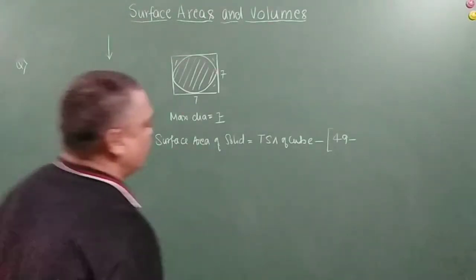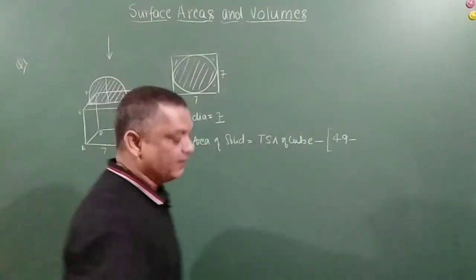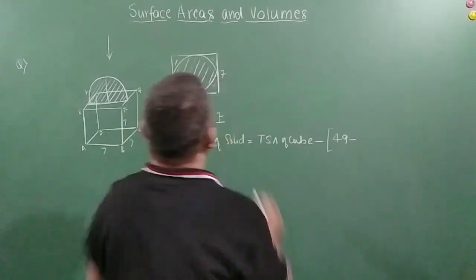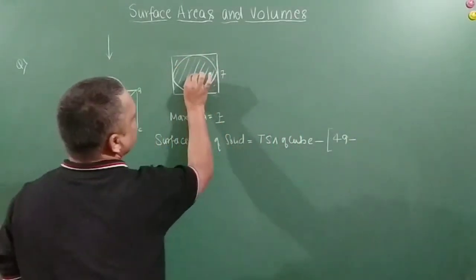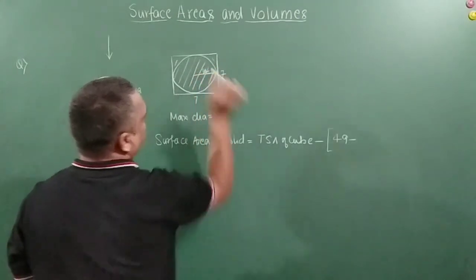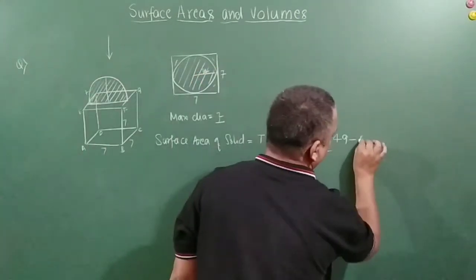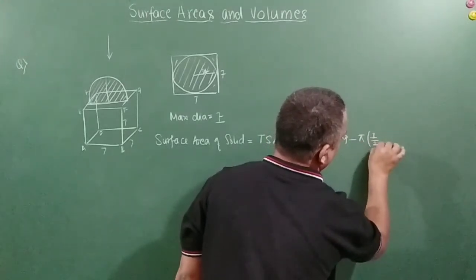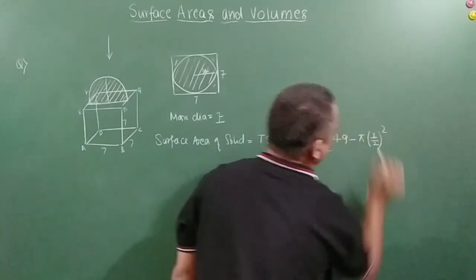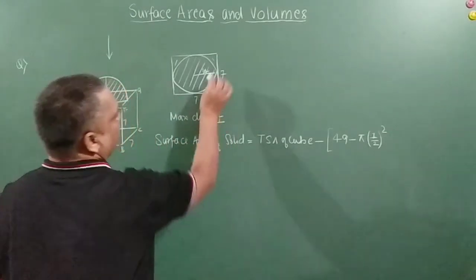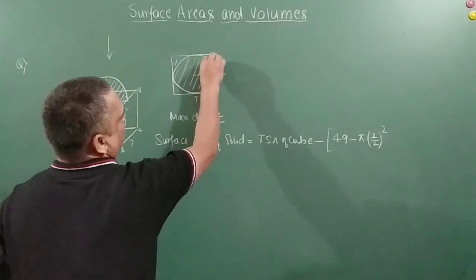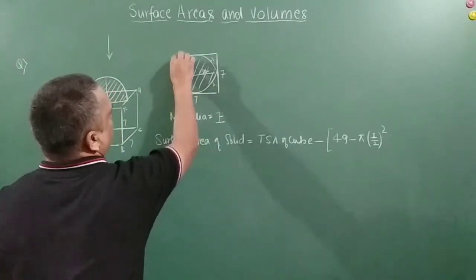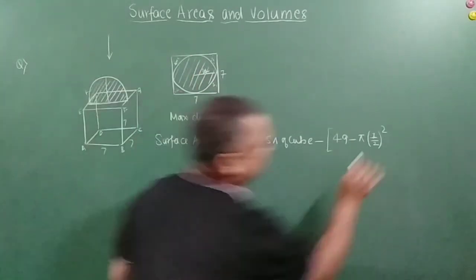Sorry. So 7 into 7 is 49 minus what? Area of this circle, that will be, if this is 7, so radius is 7 by 2. Right, friends? So pi into r square, that is 7 by 2 square. Now what I have got? I have got this area which is actually dotted. Right? You understood?